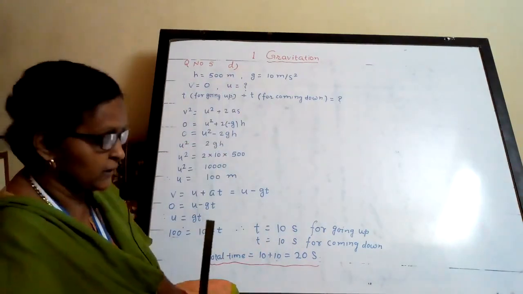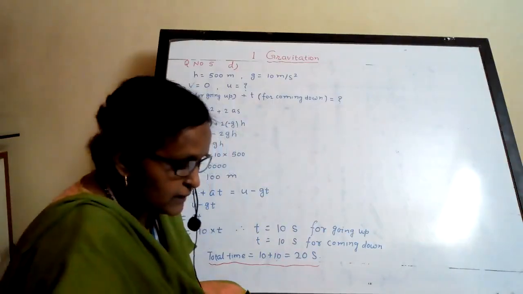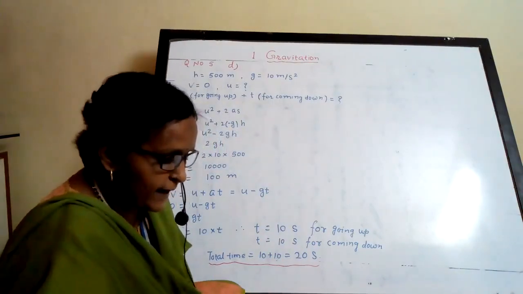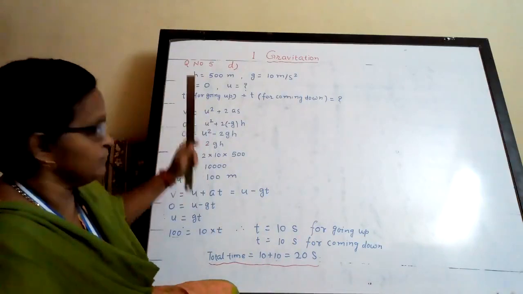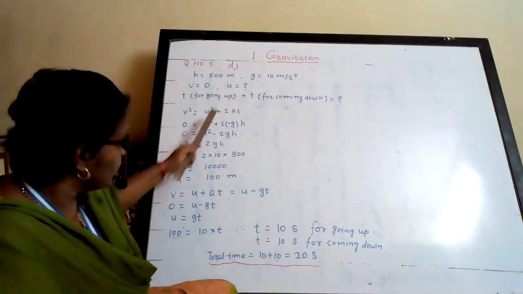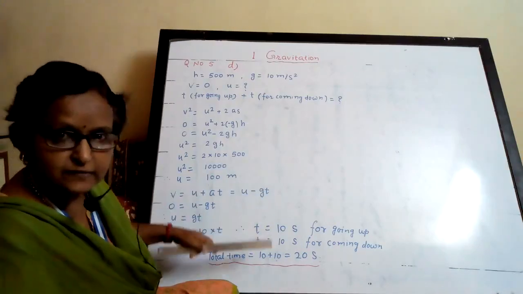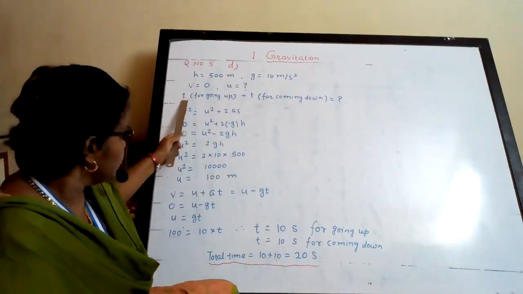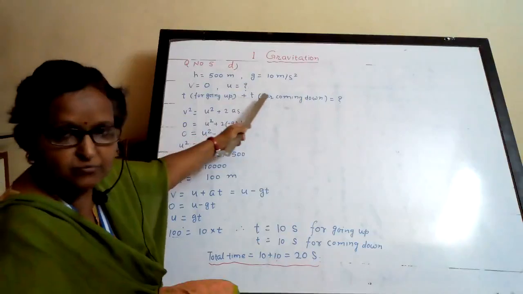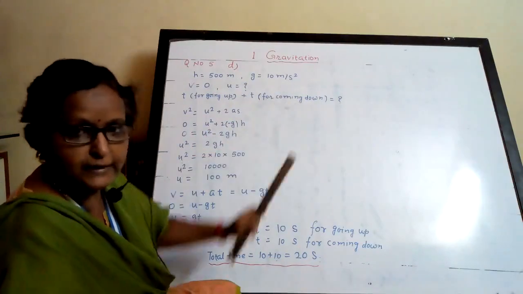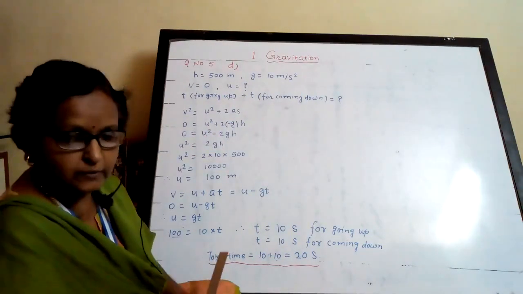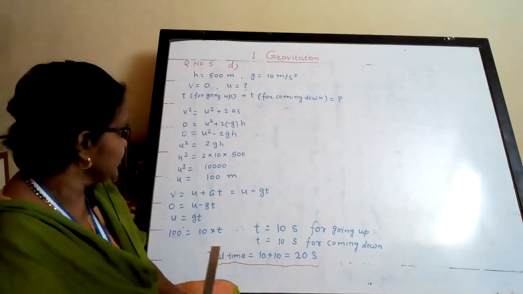Then how long will the object take to come back to the earth? Means time you have to calculate. It is going upwards and then coming down to reach the earth. So t for going up and t for coming down. Total time we have to calculate for reaching the earth.